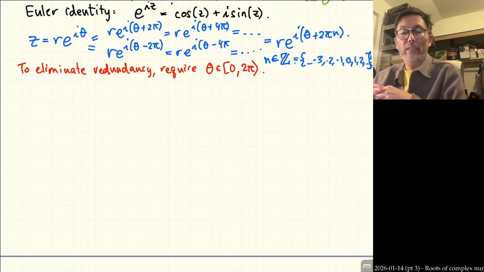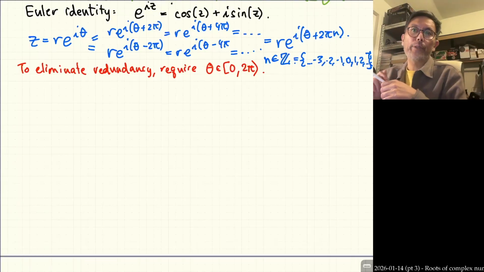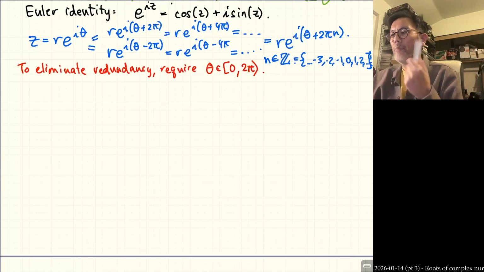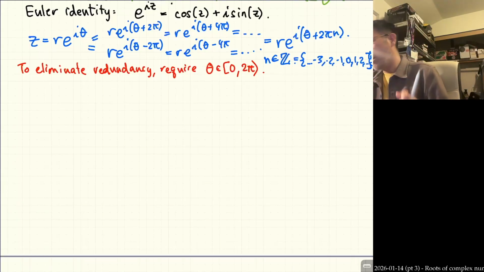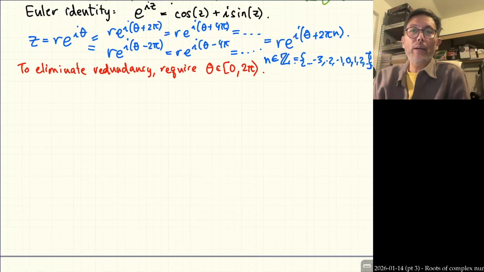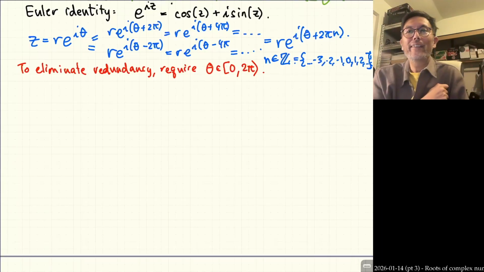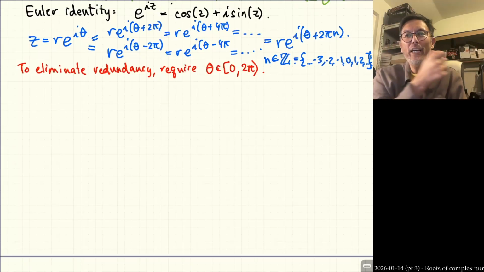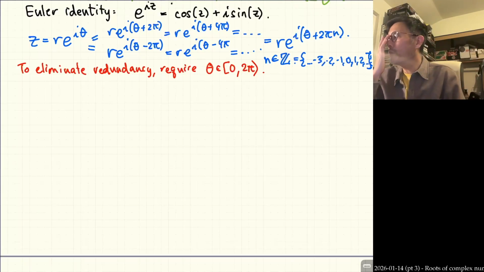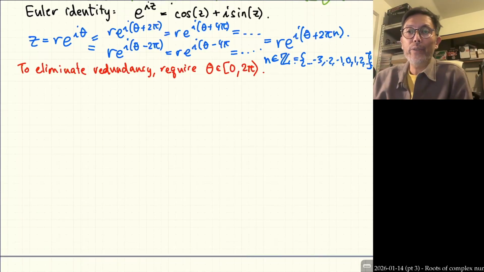Later, we'll use this insight to try to understand the geometry of the exponential function. The way that I would put it right now, and I'll let you just think about this statement, is that the complex exponential e to the z is 2 pi i periodic. Meaning that we can add arbitrary multiples of 2 pi i to z, and we won't change the value of the exponential function.